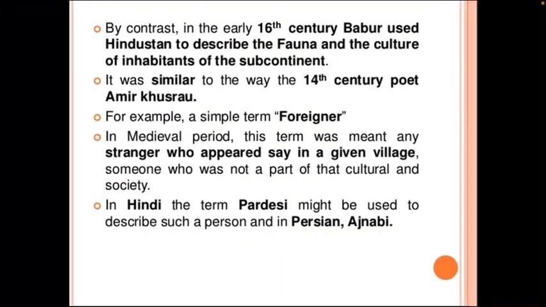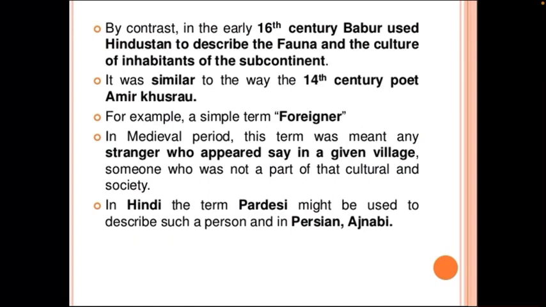By contrast, in the early 16th century, Babur used Hindustan to describe the fauna and the culture of inhabitants of the subcontinent, that is India. It was similar to the way the 14th century poet Amir Khusro told about India. For example, a simple term, foreigner.